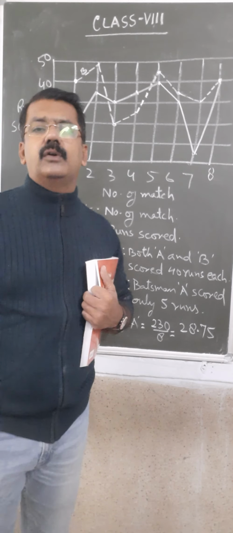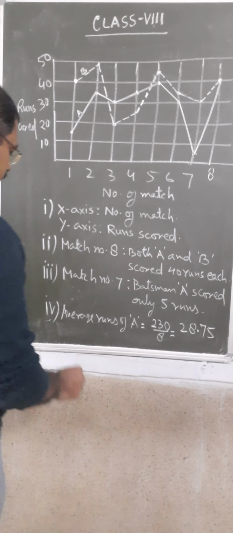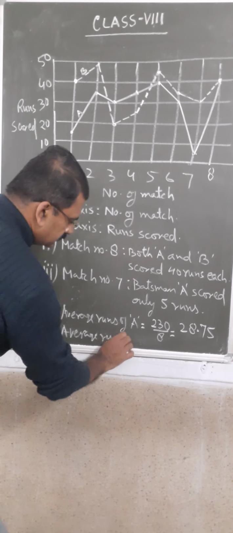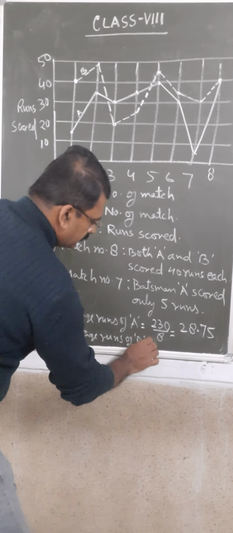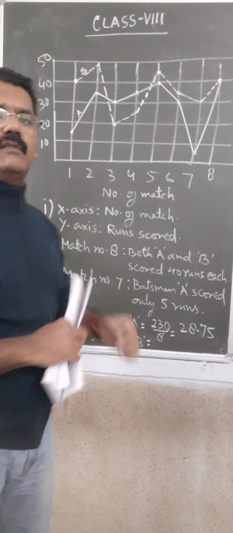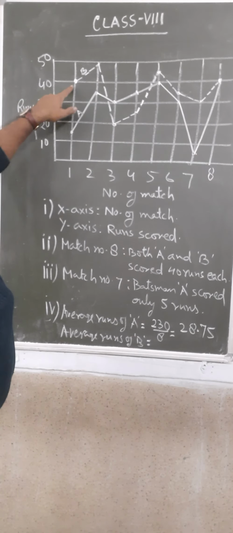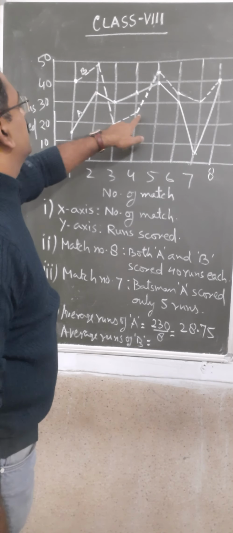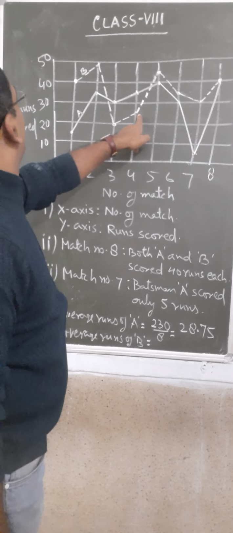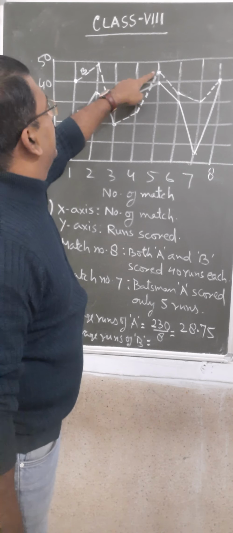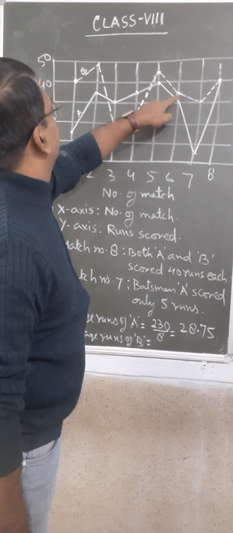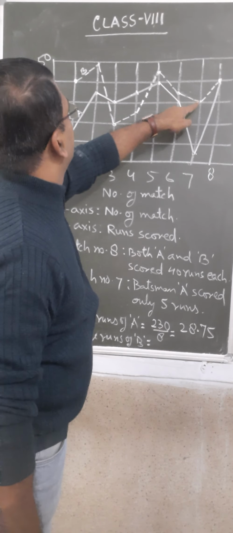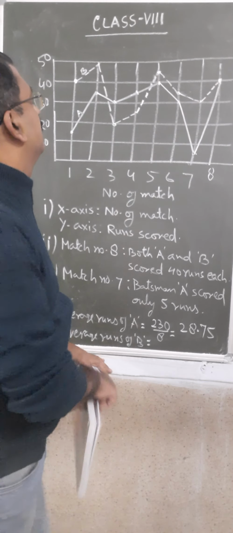Now we will find the average runs of B. Again you have to add 40 plus 50, 90, 90 plus 20, 110, 110 plus 25 will be 135, 135 plus 45 is 180, 180 plus 35, 215, 215 plus 30, 245, 245 plus 40 will be 285.